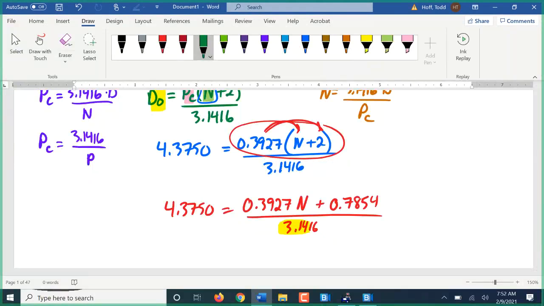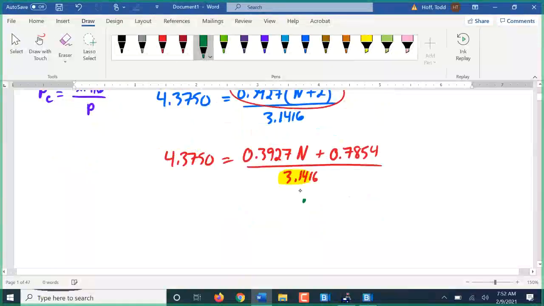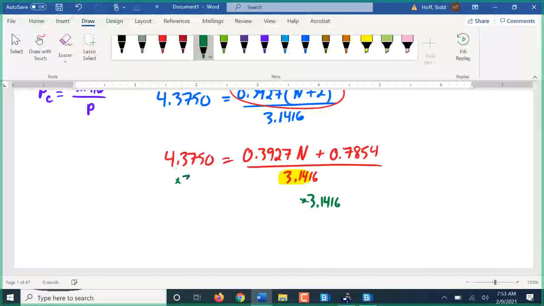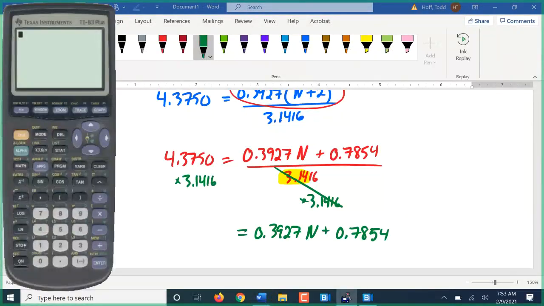But it's way simpler to just multiply by it and get rid of it, times 3.1416 on both sides. So it's gone on the right side, leaving us just 0.3927n plus 0.7854. On the left side, 4.3750 times 3.1416 gives us 13.7445.